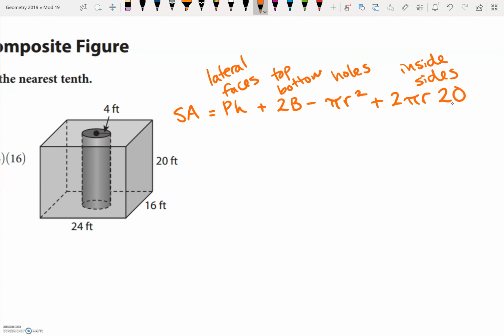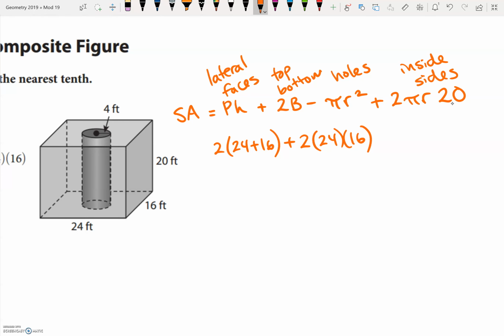So we have the perimeter of the entire figure, which is 2 times 24 plus 16. That accounts for 24 here and 16 here, both of those. Plus the area of the top and the bottom, that's going to be 2 times 24 times 16.